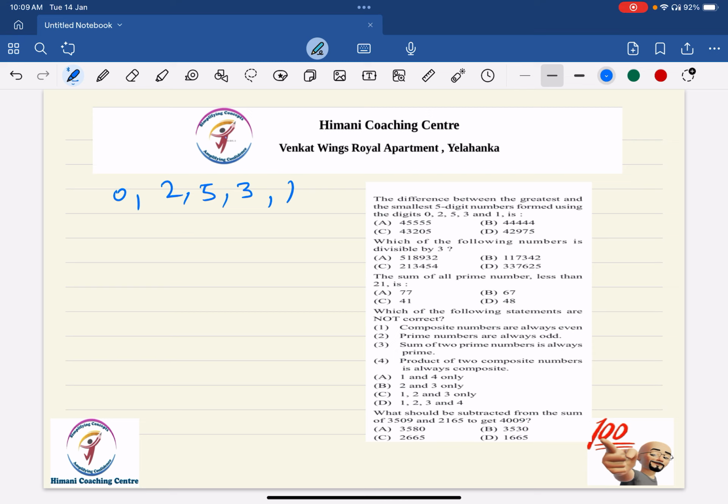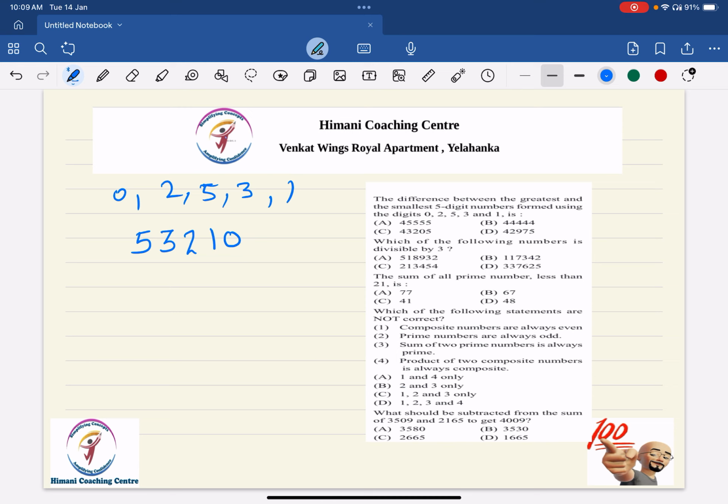Now for making the greatest number, we should have the greatest digit in the 10,000 place, so that is 5. After that, what is the number just lesser than 5 is 3, then 2, then 1, then 0. So that is the greatest 5-digit number we can make using these digits.